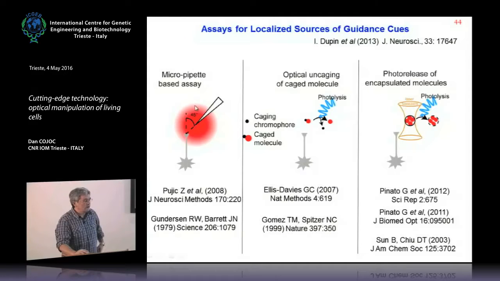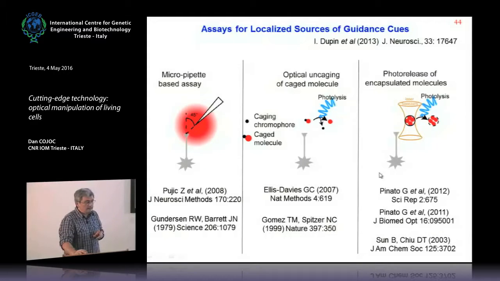introduce gradients. One approach is micropipette-based assay, but this works with quite big amounts of molecules. Then there is the optical uncaging of caged molecules, which is very nice because it is a very high spatial resolution approach. Unfortunately, there are not too many molecules you can work with.